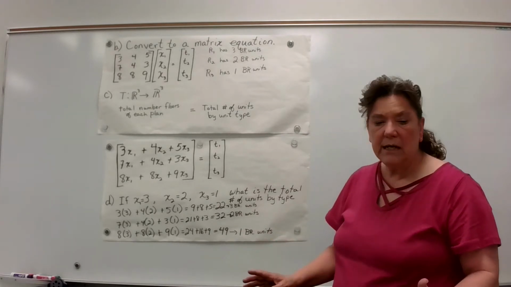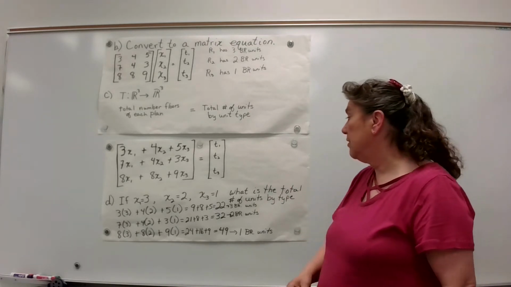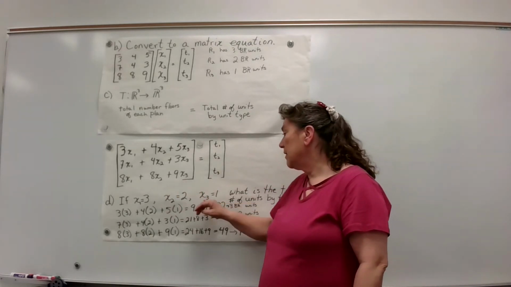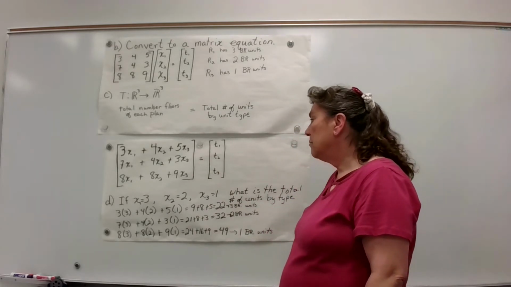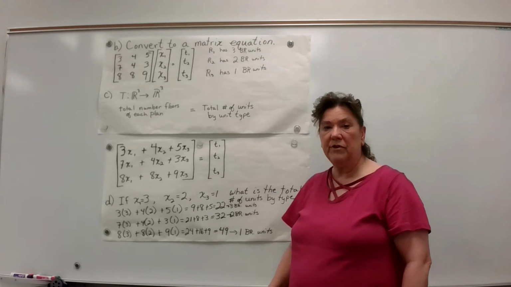So you can see we get the number of units by putting in a substitution for x1, x2, and x3. And through that, we find the total number of each type of unit.